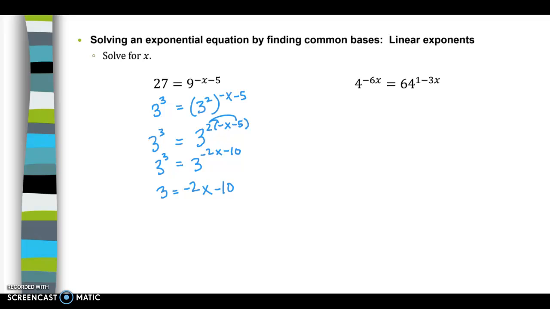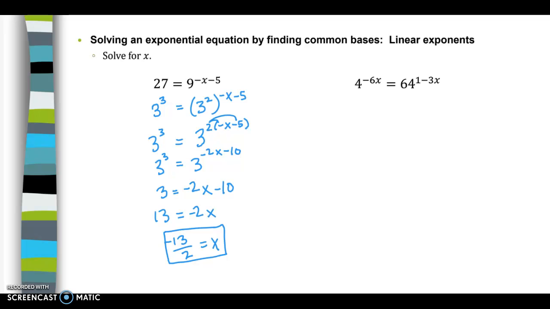Now we can add 10 to both sides and get 13 equals negative 2x, and then divide by negative 2, and we'll get negative 13 halves equals x. So we would have to plug in negative 13 halves into this x value right here in order for the left-hand side to equal the right-hand side.